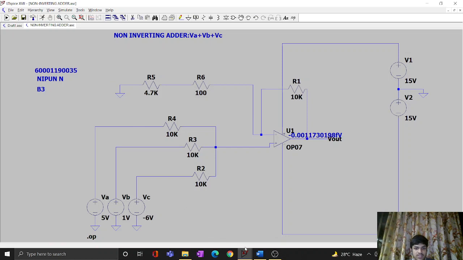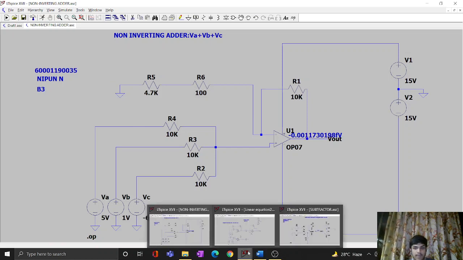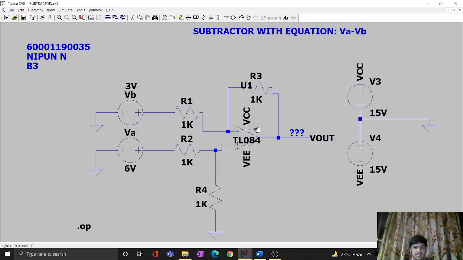Okay, so the next application of op-amps is as a subtractor, and basically in this we will be using VA and VB, and I'll be applying the equation VA minus VB. I have to make sure that VA is connected to the plus terminal of the op-amp and VB to the negative terminal of the op-amp, as VB is the one that gets subtracted from VA.